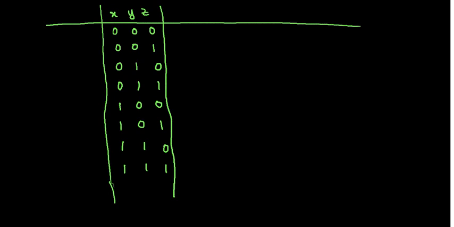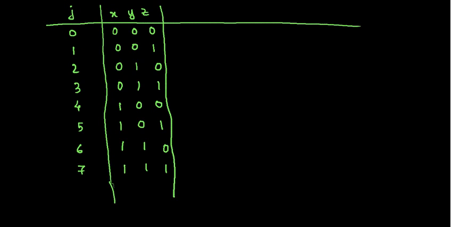Now let me quote the decimal equivalent of this as j. There is a meaning for that. Let me write 0, 1, 2, 3, 4, 5, 6 and 7. There are 2 to the power n such possibilities for three variables.